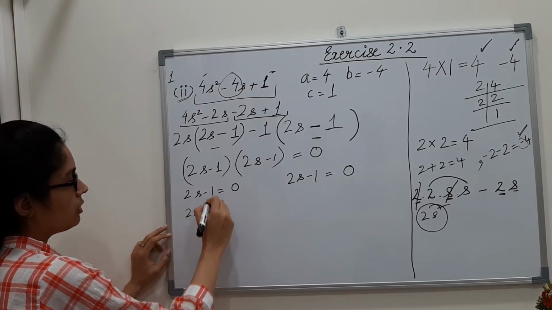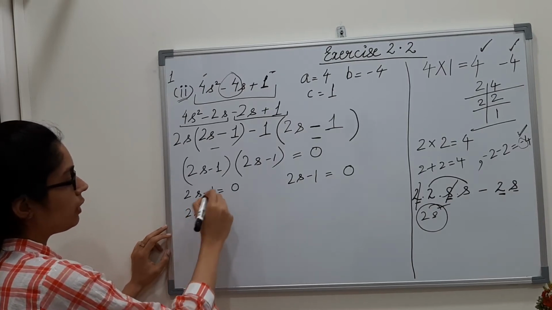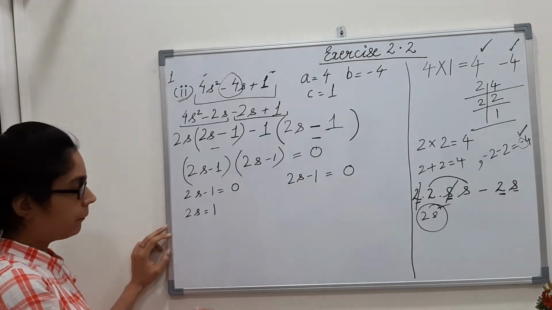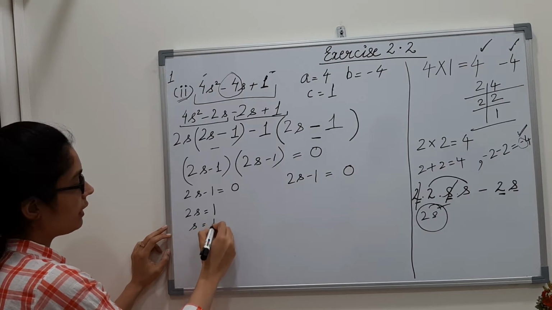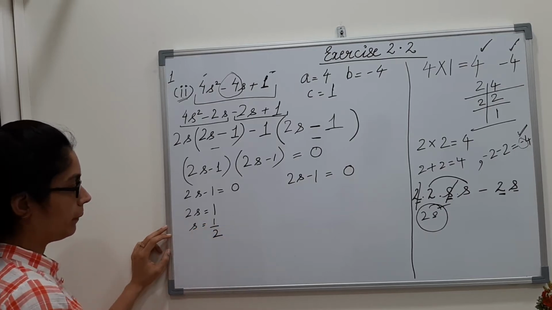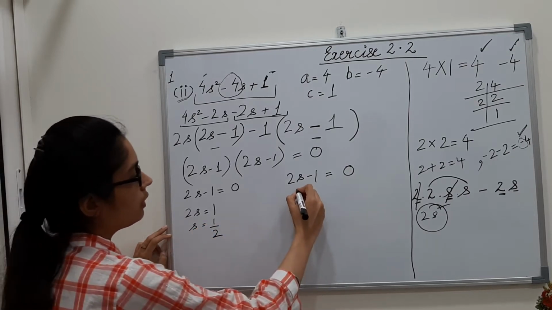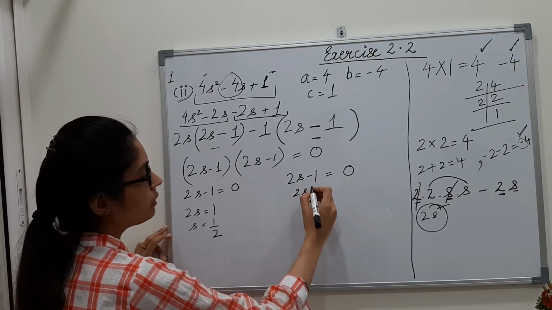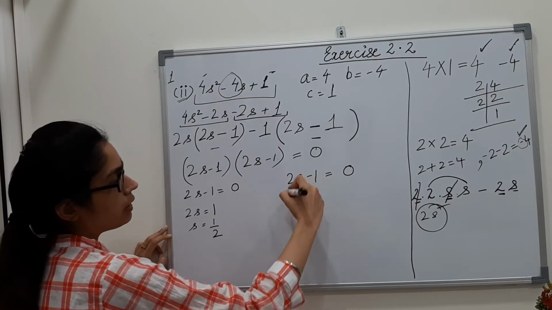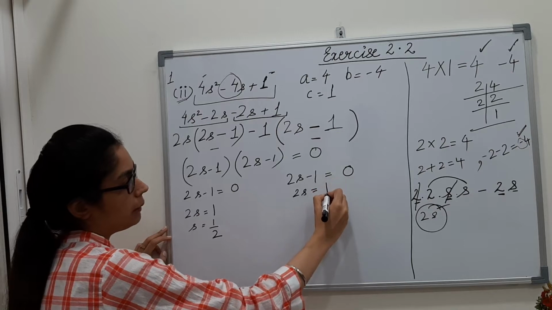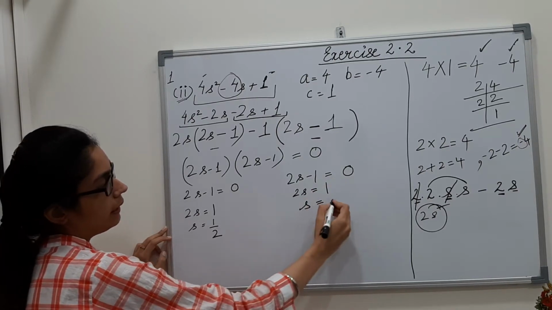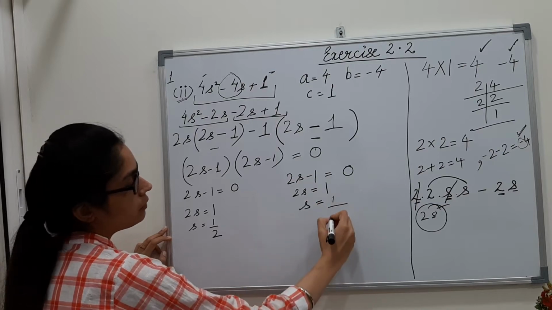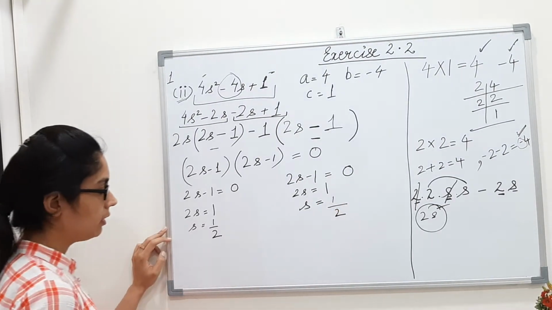Shift 1 to the other side, so minus 1 becomes plus 1, and since 2 is multiplied with s, it will get divided on that side. The second will also be the same because the number is the same.